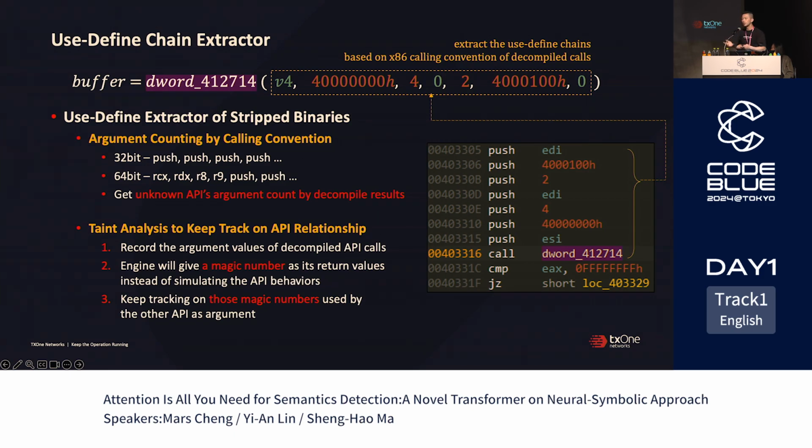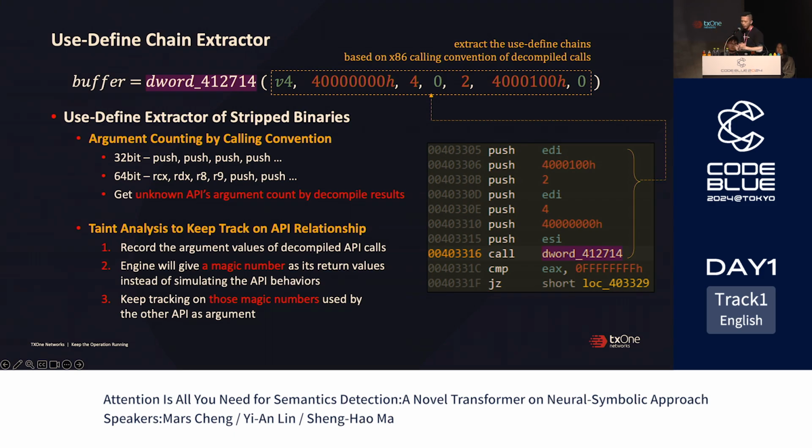On the decompile result, all our Python engine needs to do is collect such integer numbers as the list of API call arguments, so we can collect all the possible integer numbers used by an API call, and also we can replace the return value of any API call with a magic number. So what if any further API call tries to use a magic number from a previous one? We can understand the relationship between the previous API call and the further API calls.